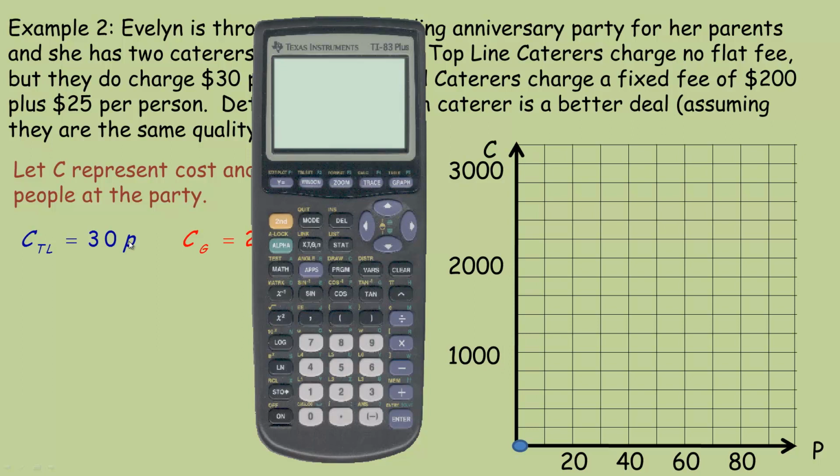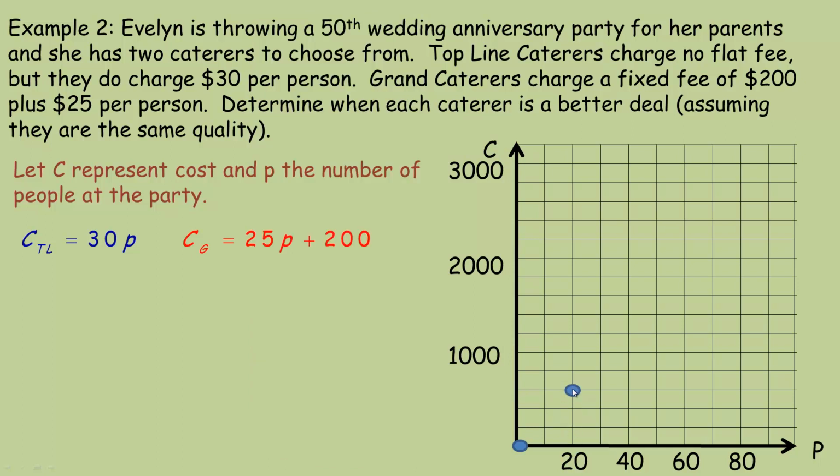So if I put 20 in place of p here, if I just do 30 times 20, then that's 600. So for 20 people, it'll cost 600. And so that kind of gives me a slope I can work with. If I go over 20 people, I'm going up 600. If I go over another 20 people, because this is a direct variation, it's just going to go up another 600. So that point would be on the graph.